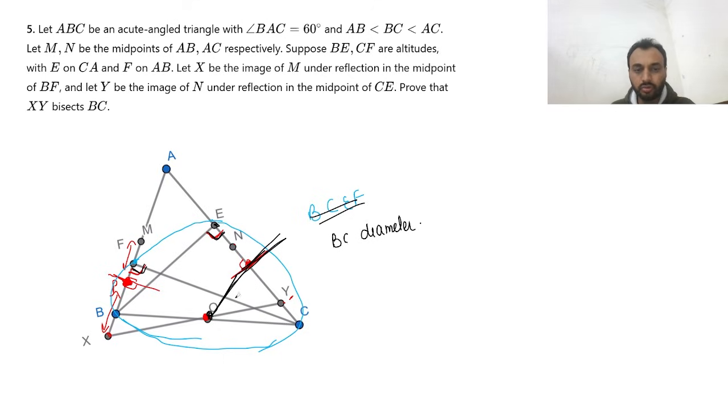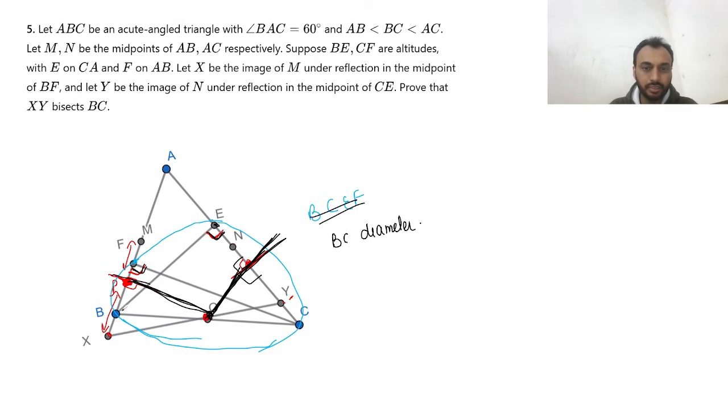If I draw the perpendicular bisector of EC, that will pass through the center of the circle, right? Similarly, BF is also a chord of this circle. If you draw the perpendicular bisector, it also passes through the center, right?